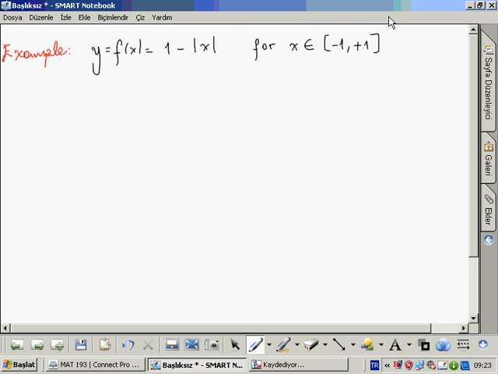So this is a piecewise function, and you can write this function as 1 minus x when the interior of the absolute value, which is x, is larger than or equal to 0, and 1 plus x when x is less than 0.